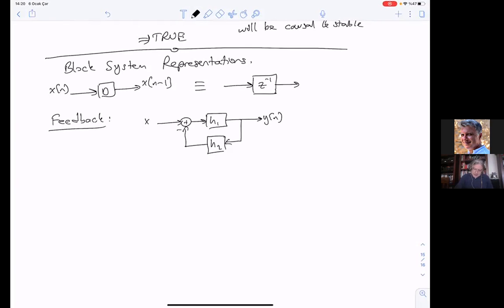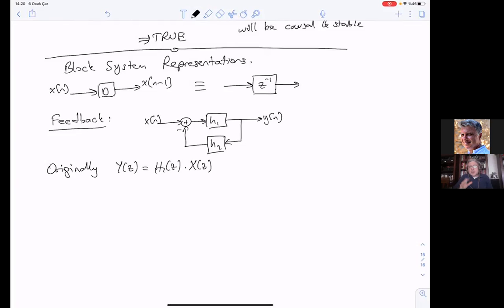Originally, the input is x of n. So originally, y of z was equal to h1 of z times x of z.